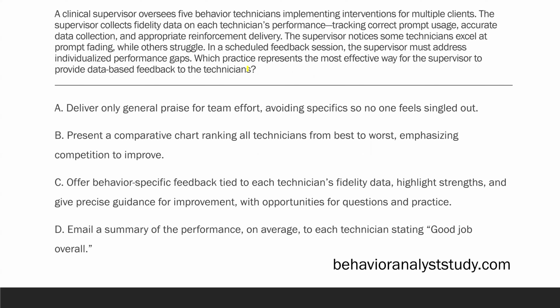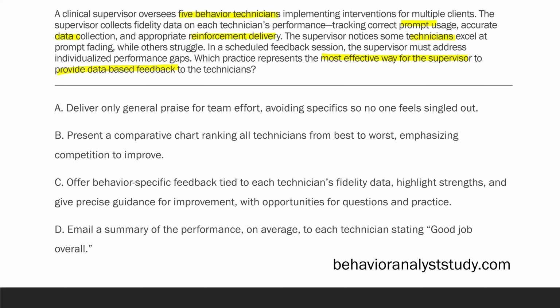So it's a long question, but we're never panicking at long questions because we're going to approach each long question the same way we do any other question. We're not jumping right to the answer choices. We're attacking and understanding what the question is giving us. Question wants to know, what is the most effective way for the supervisor to provide data-based feedback? So if we have a clinical supervisor, they're looking at 5 technicians and implementation, and they're tracking a variety of different things: prompt usage, data collection, reinforcement delivery.